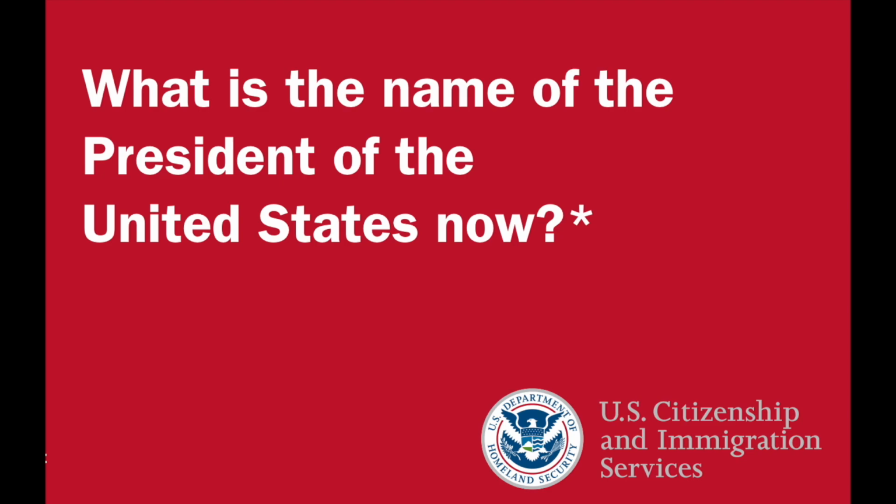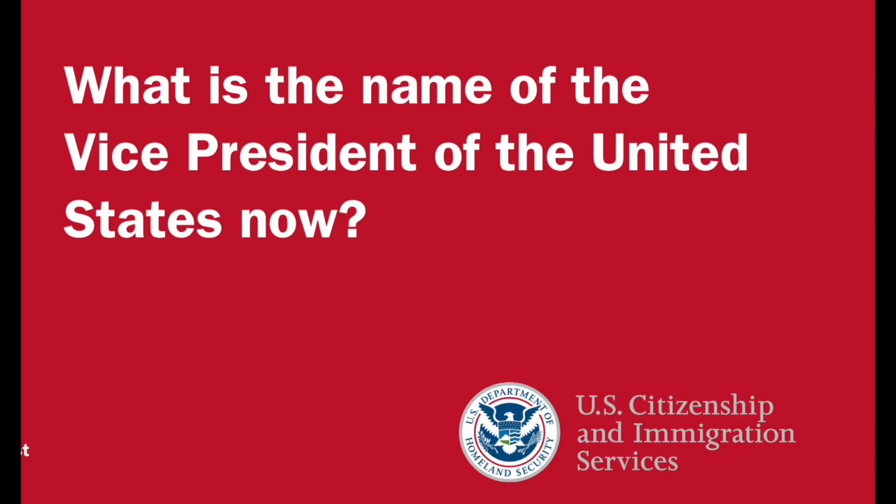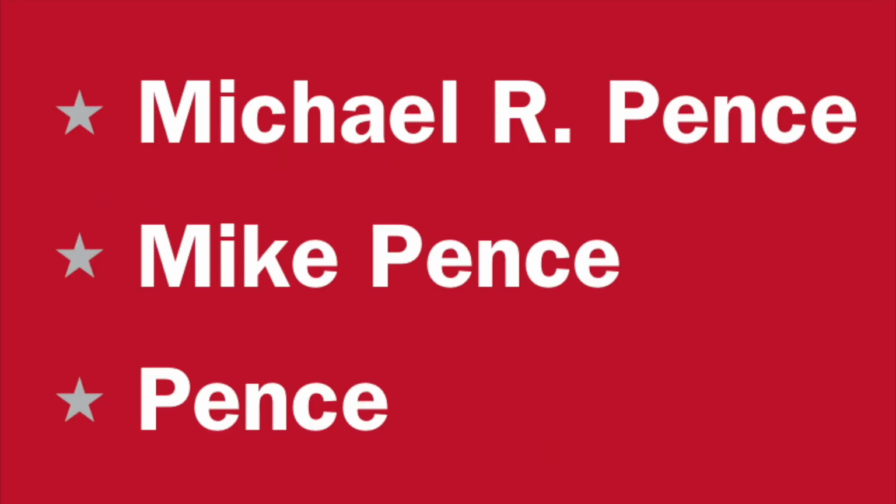What is the name of the President of the United States now? Donald J. Trump, Donald Trump, Trump. What is the name of the Vice President of the United States now? Michael R. Pence, Mike Pence, Pence.